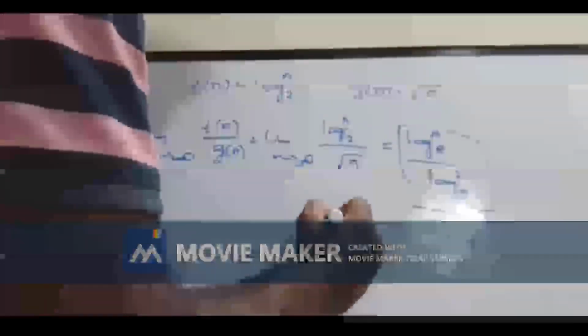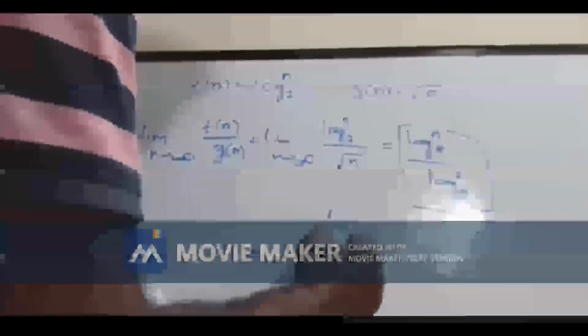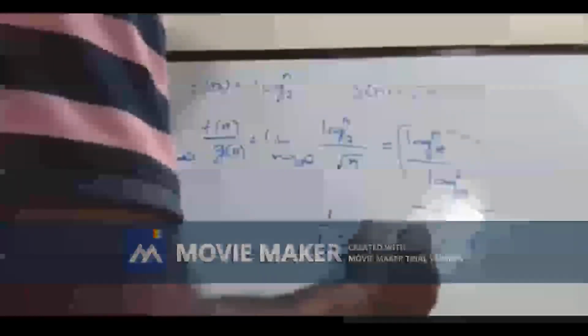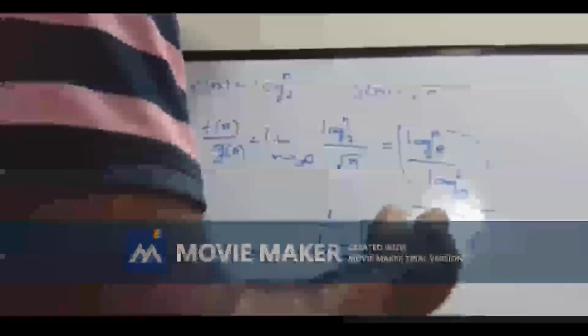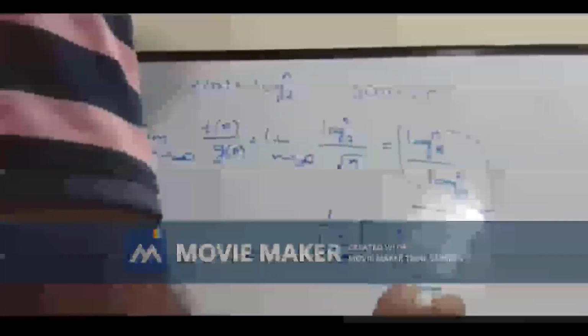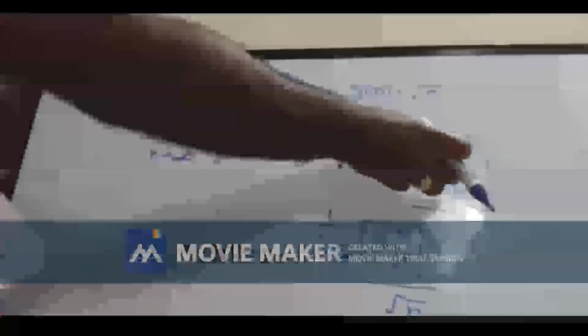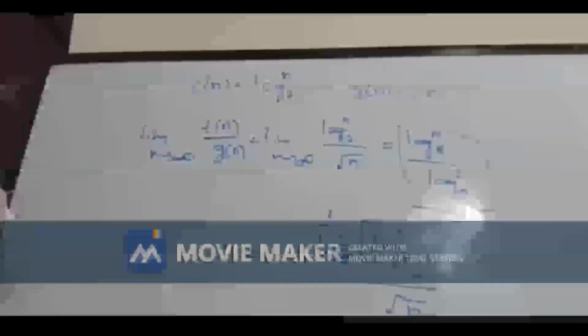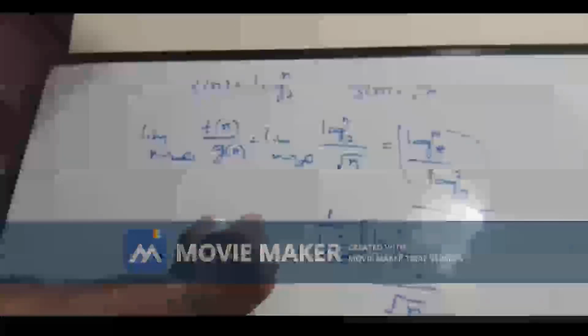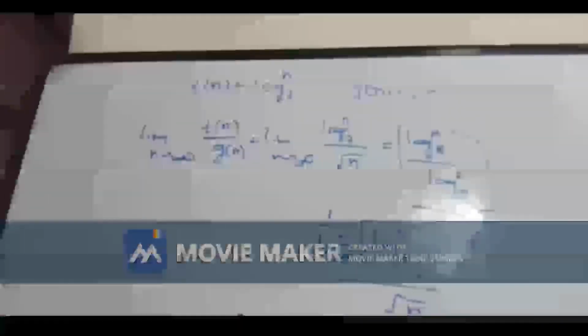It's 1 divided by log 2 base e, and then I will keep log n base e divided by square root of n. The limit as n tends to infinity will be there, that we will apply.